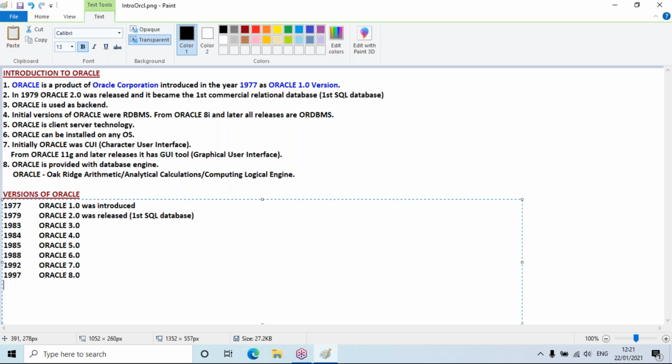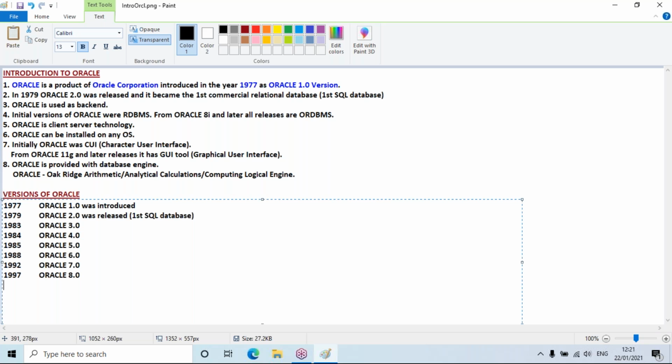Actually, all software are SQL databases only. Answering your question: all database software are SQL databases, but the word I used, first SQL database, means this is the first software in which the SQL language was used for communicating with the database.